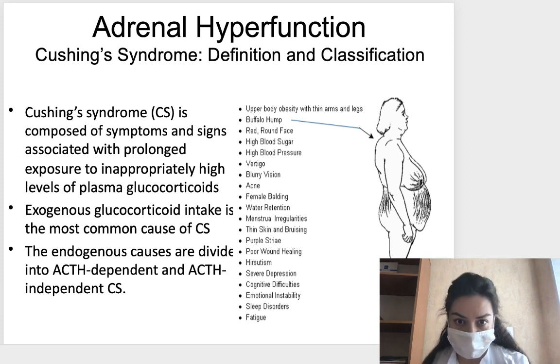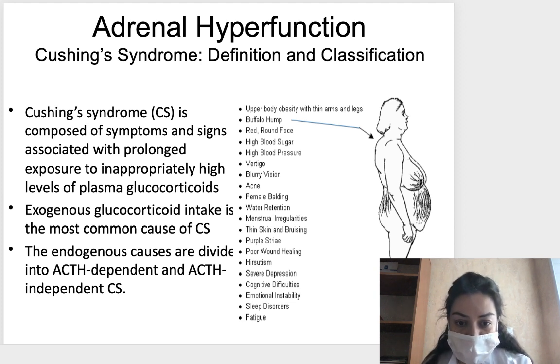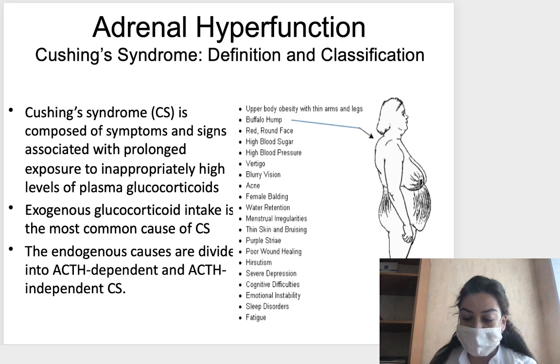It is red round face, high blood sugar, high blood pressure, vitiligo, blurry vision, acne, female balding, water retention, menstrual irregularity, thin skin and bruising, purple stria, poor wound healing, hirsutism, severe depression, cognitive difficulties, emotional instability, sleep disorders, fatigue.